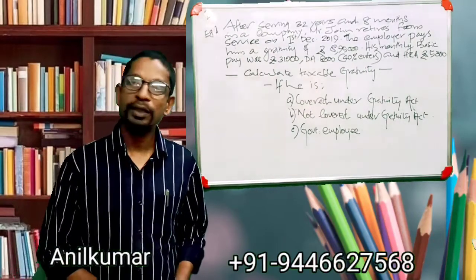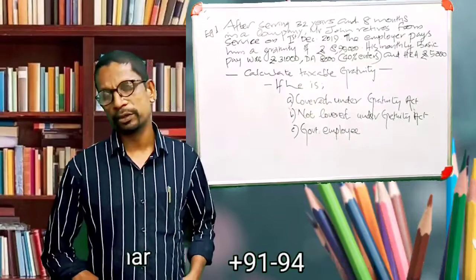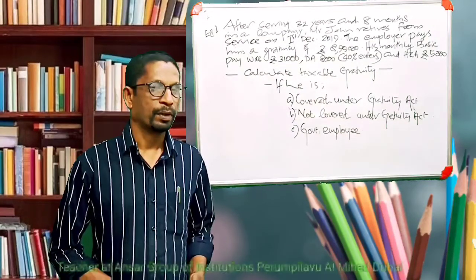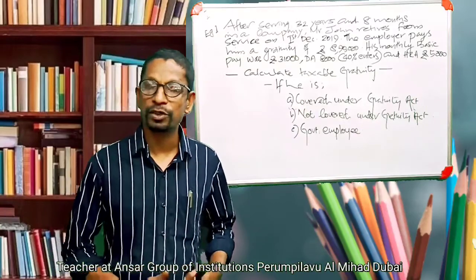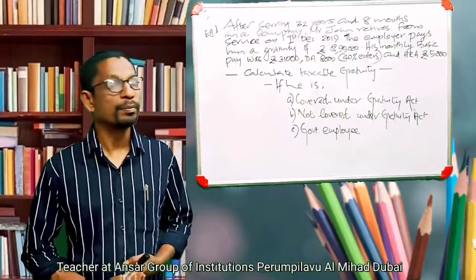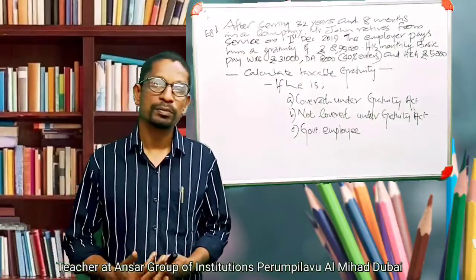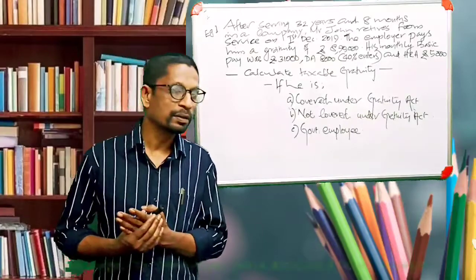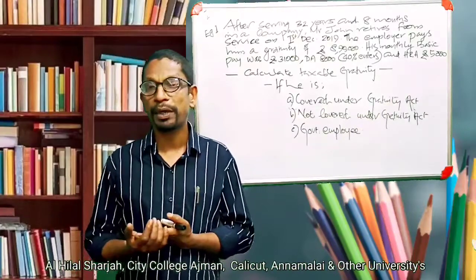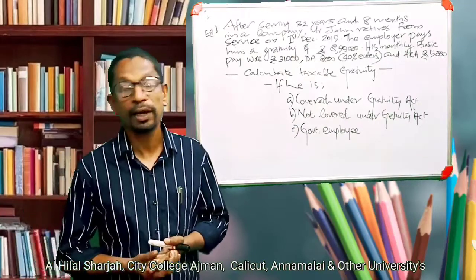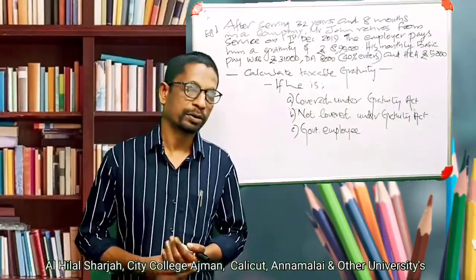Today we are continuing the income tax topic, gratuity. During the last video we were explaining the income tax treatment of gratuity, and for this the employees can be classified into how many divisions, do you remember? The employees can be classified into two: government employees and non-government employees.